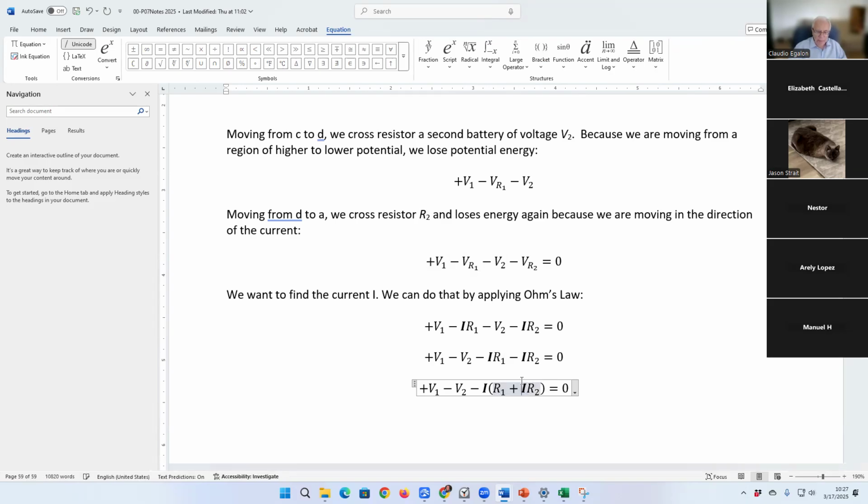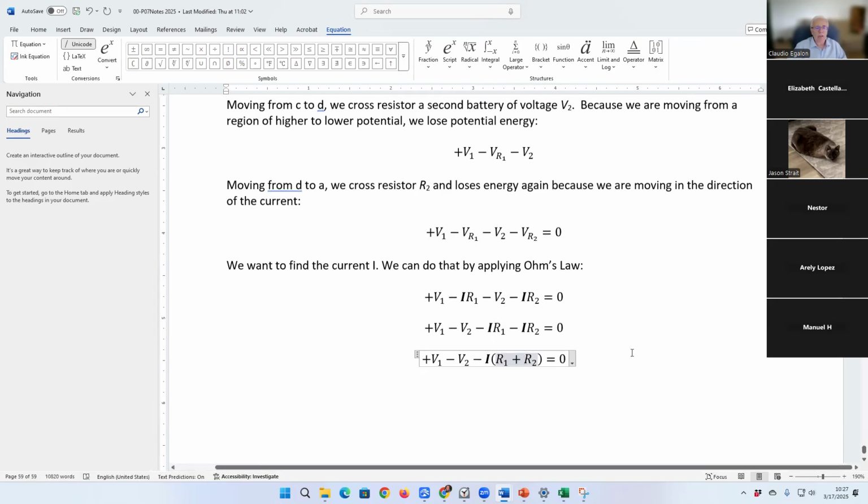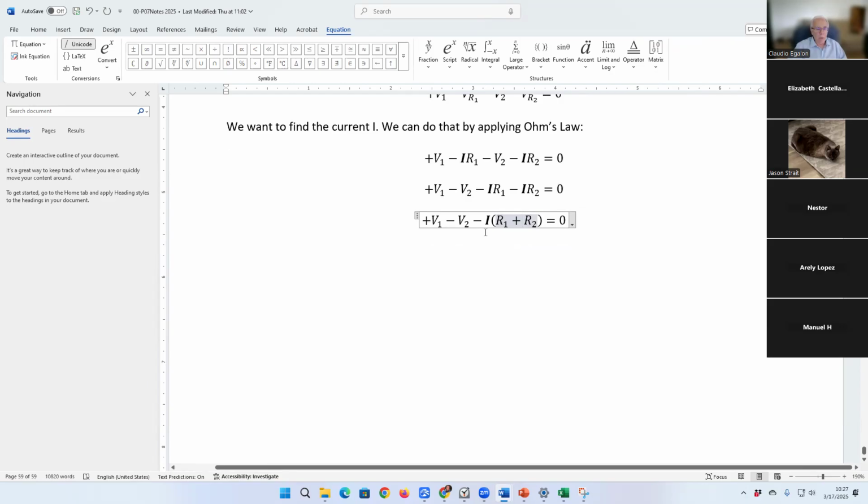And when we put that in evidence, we have to change the sign. We want to solve for I because we know everything else. I have to pass this term to the right. When we pass to the right, we change the sign. And then we finally solve the problem for I.